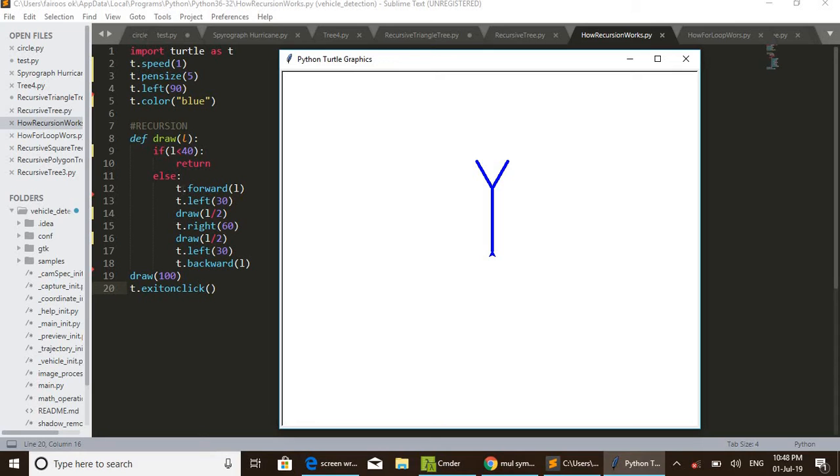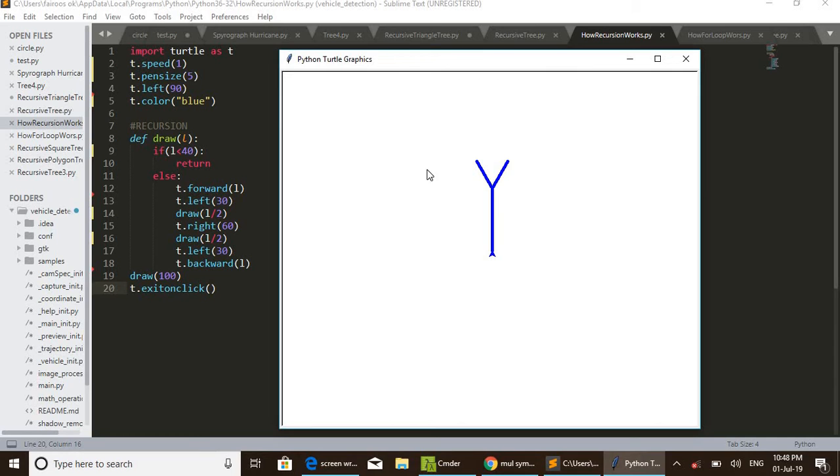And it starts doing here t dot forward L. Here it is 100, so t dot forward 100. In this picture we can see it starts from this location and moves 100 units up to here. Okay, it reached here. You can follow me by these explanations.